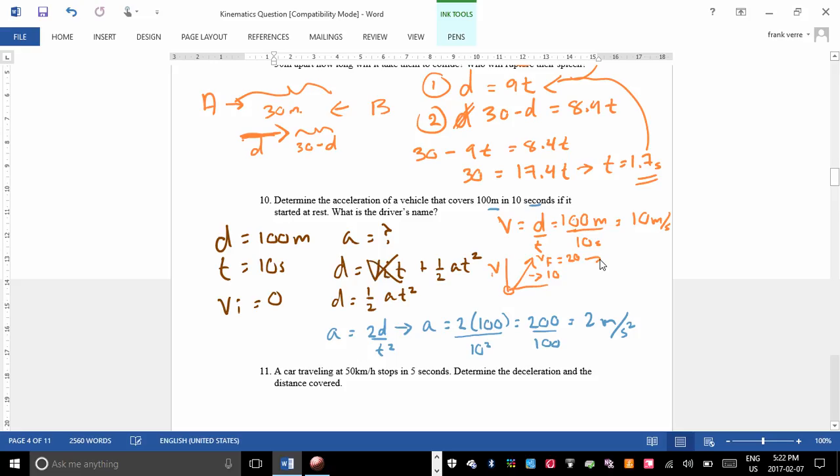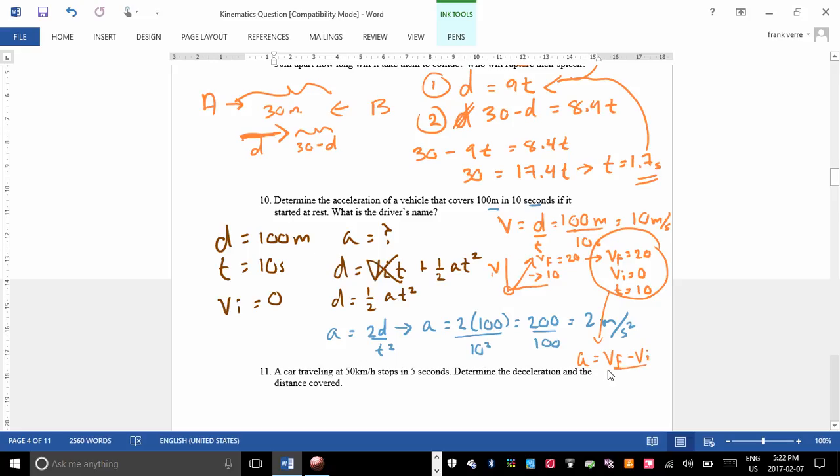So that will give you VF, which is 20, VI, which is 0, and then you have T, which is 10, and in that case you could use the acceleration formula. So I'm just going to finish it off over here to figure out the acceleration.